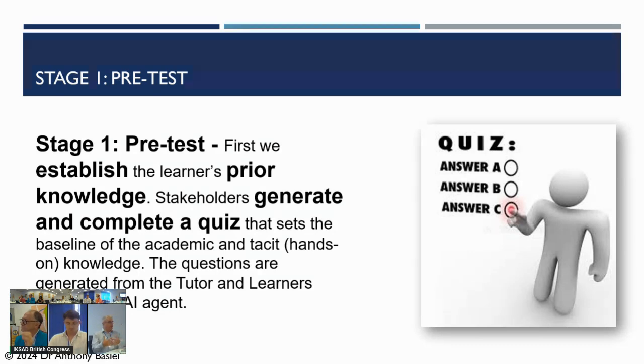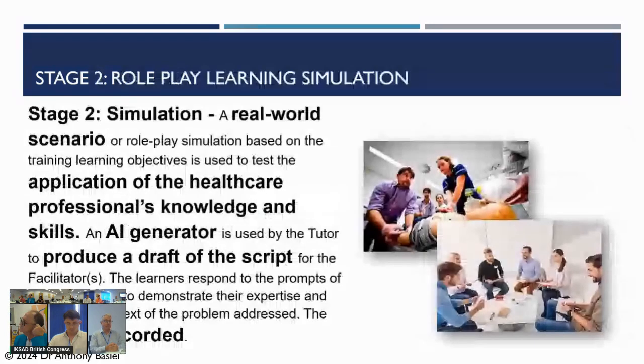Then the next stage of this is the actual simulation. All right, so now how are we going to create a scenario for the students to go through and experience and apply that knowledge?